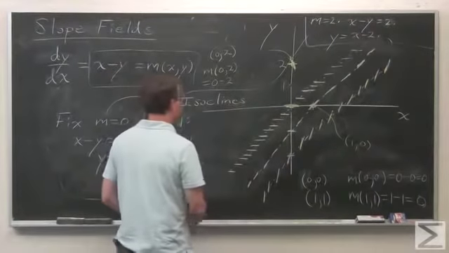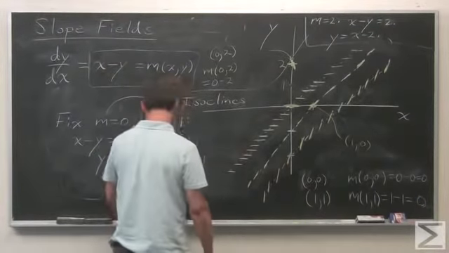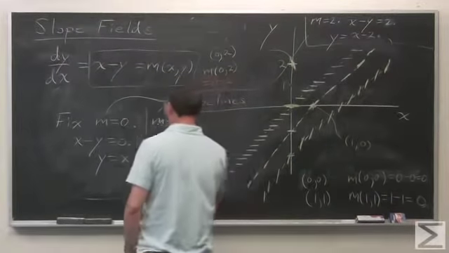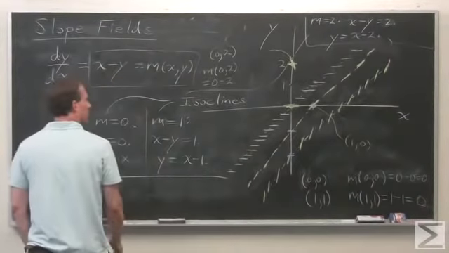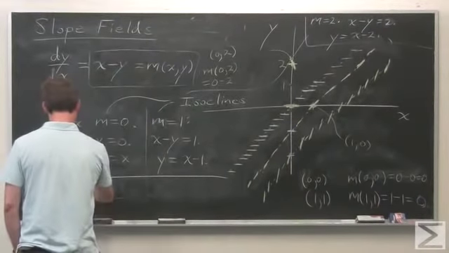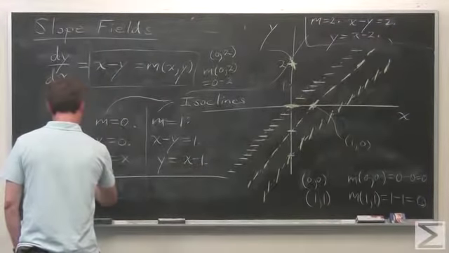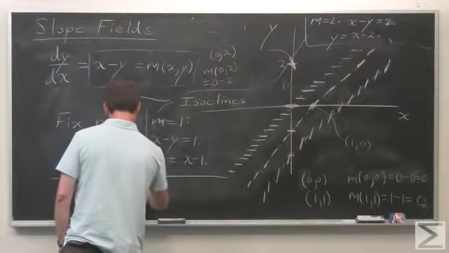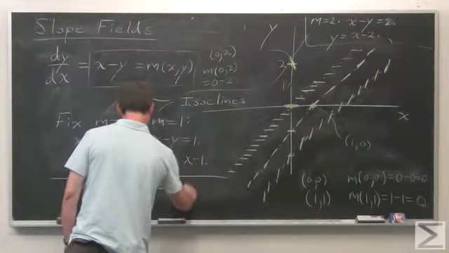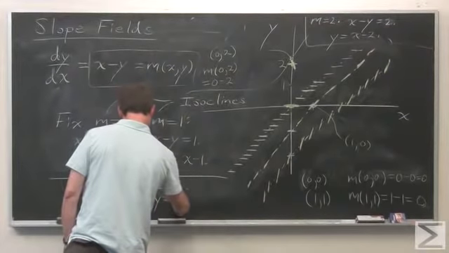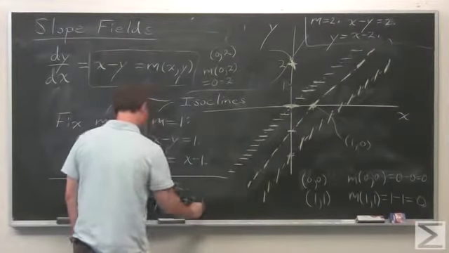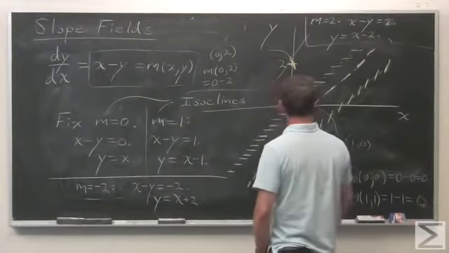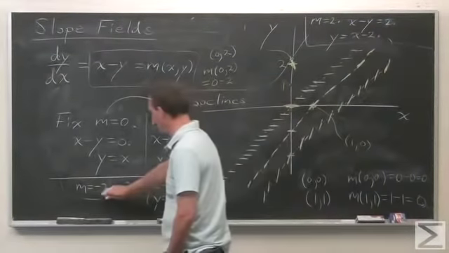So we haven't drawn many. Maybe I should draw one more just to have some vague hope of sketching a solution curve. We'll do one more isocline at minus 1.